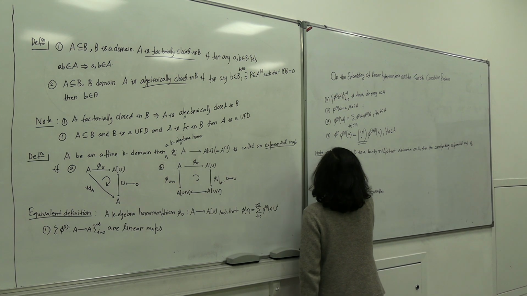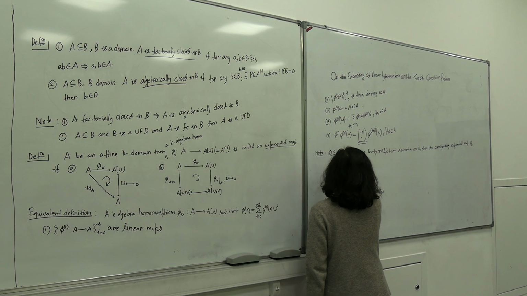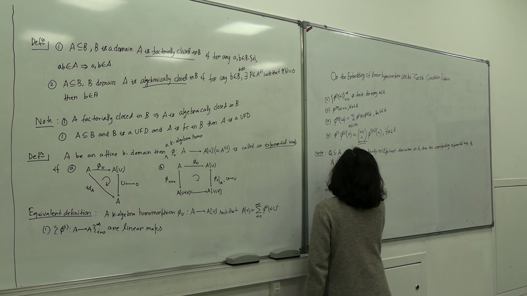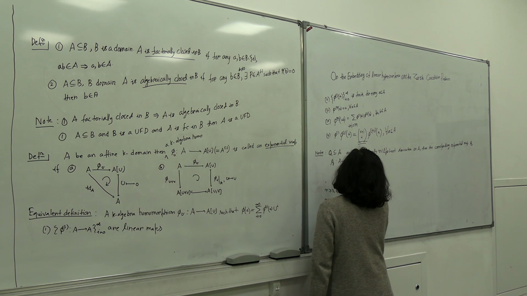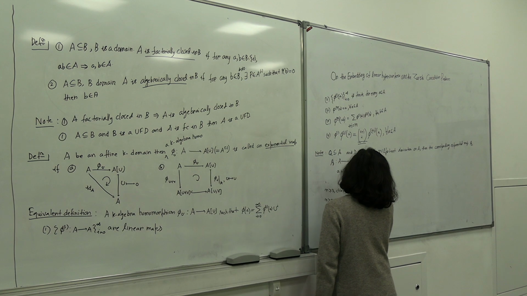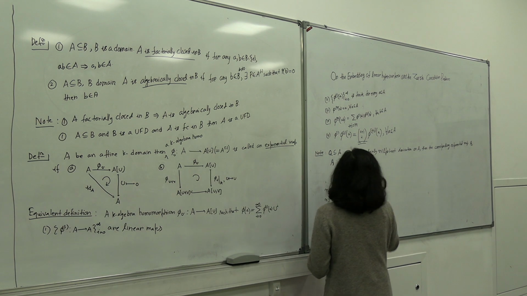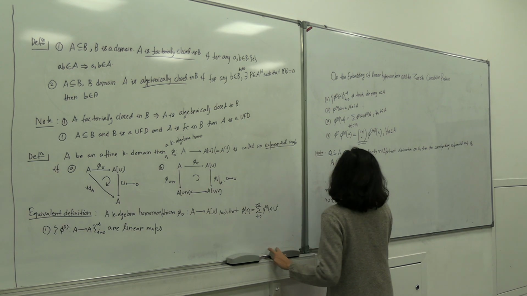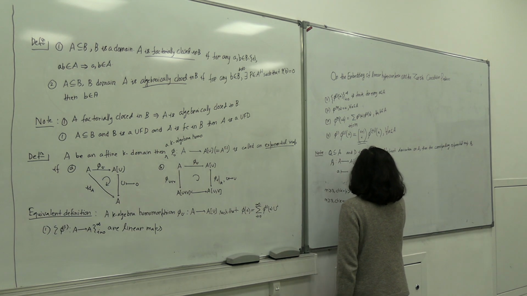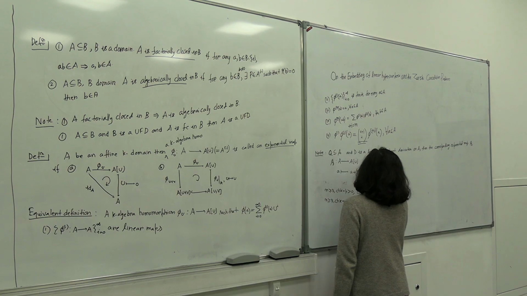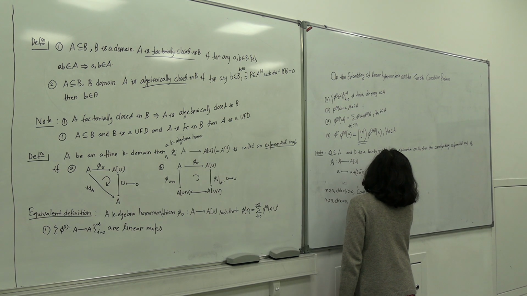I will have to define phi_D from A to A[u], and it will take a to a plus D(a) u, that is D of a first, and then 1 by 2 factorial D squared of a u squared, and in this way.